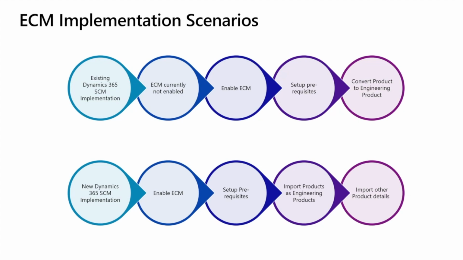Then you can use the out-of-box data entities and data management framework to import products as engineering products, along with other product related information such as default order settings or BOMs or routes and things like that. So these are the two main scenarios which you will basically run into if you are thinking of implementing ECM.